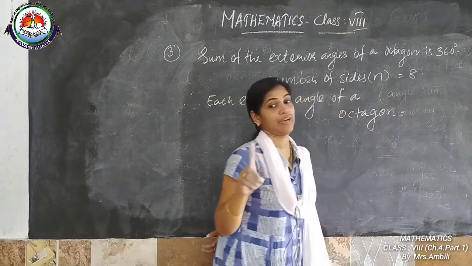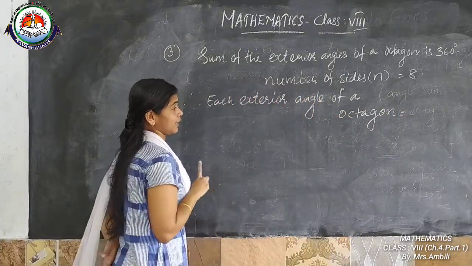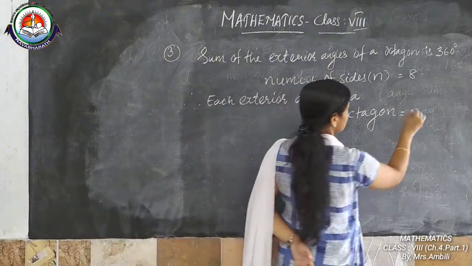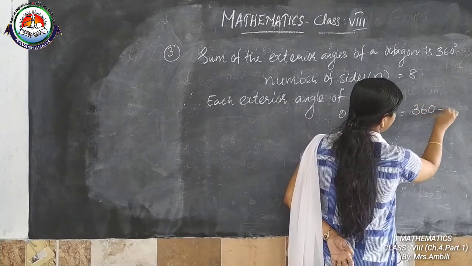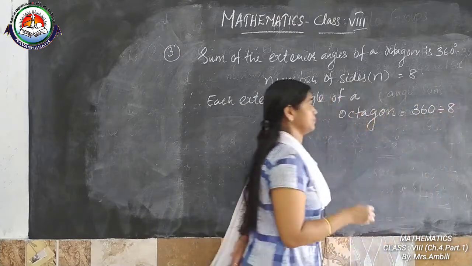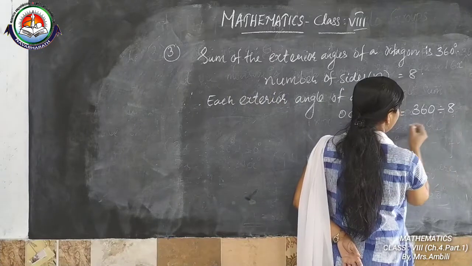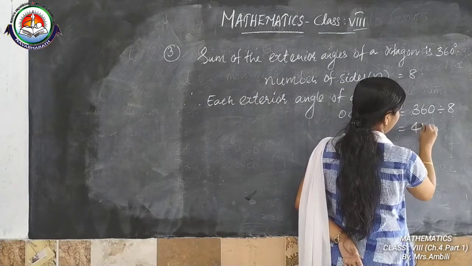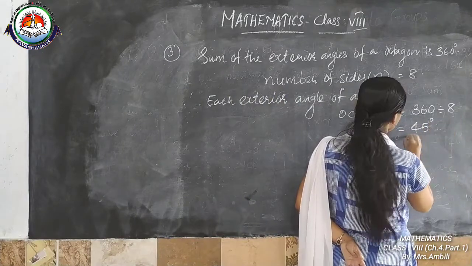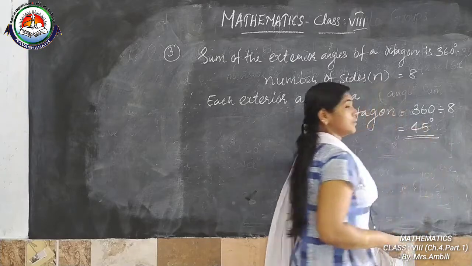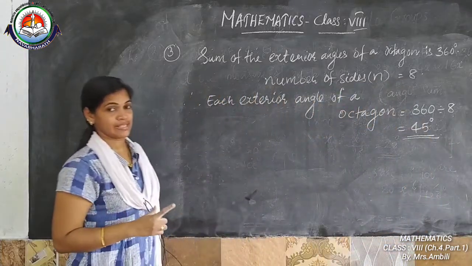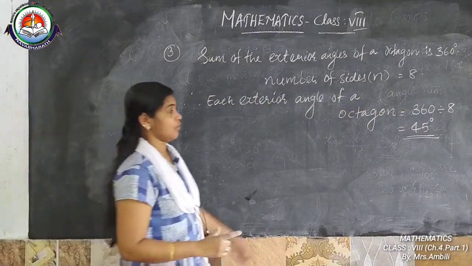One angle we need to find out. Each exterior angle of an octagon equal to 360 divided by 8. 360 divided by 8 equal to 45 degree. So what we got? Each angle is 45 degree.